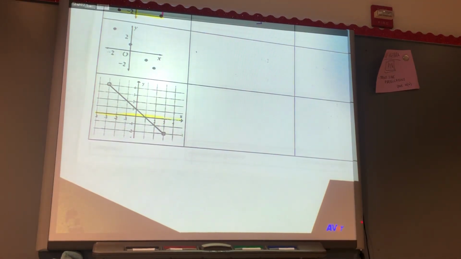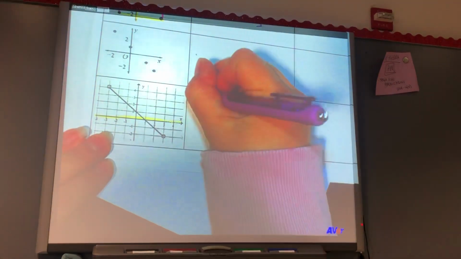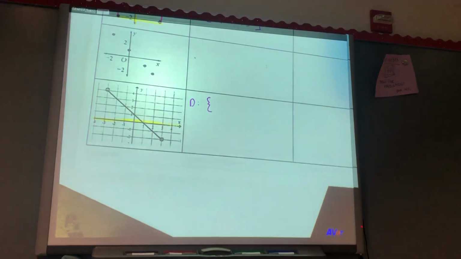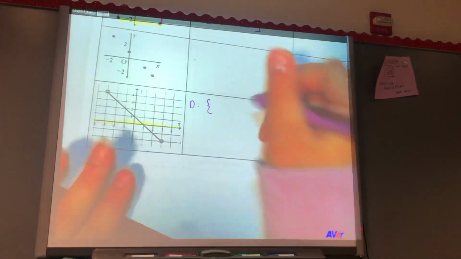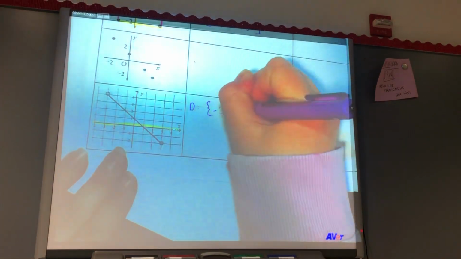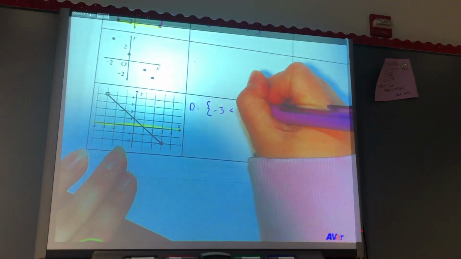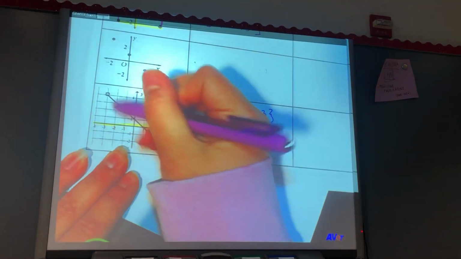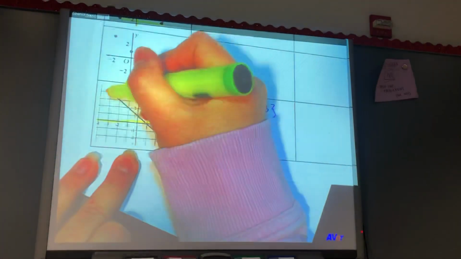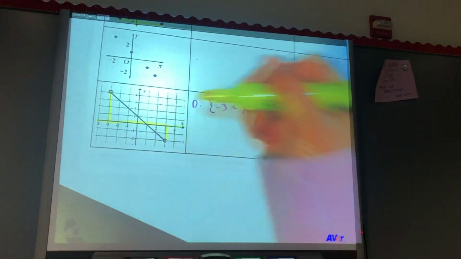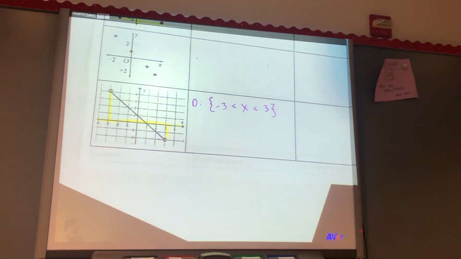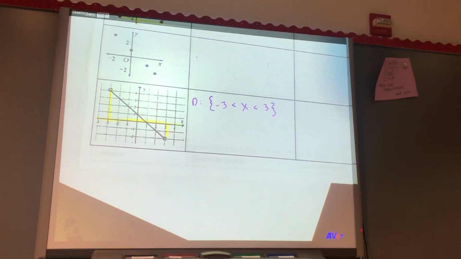And the way I write this for domain is I can use these fancy bird lips bracket things, and I can write -3 is less than x is less than +3. I got the number from here and from here because that is as far as the line went. What is one more thing about this Trevelyan that I didn't mention?